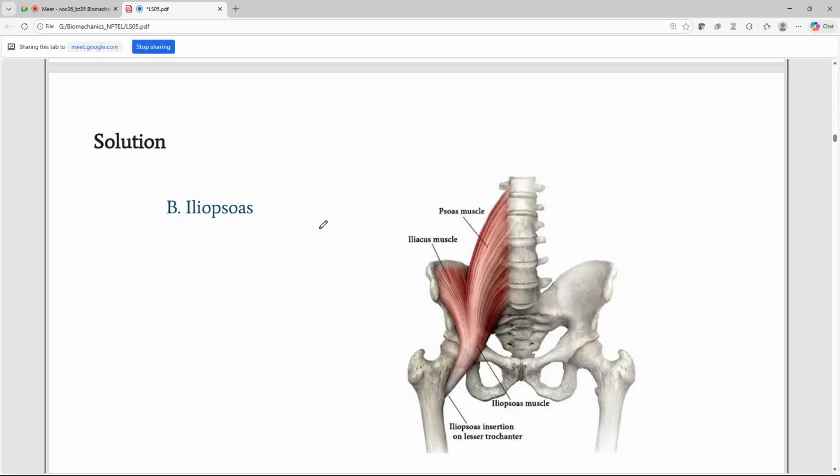This is the primary or the powerful muscle. This muscle is actually a combination of these two, iliacus and psoas muscle. So these combine to create this iliopsoas muscle, and this is the muscle which acts as the primary flexor.